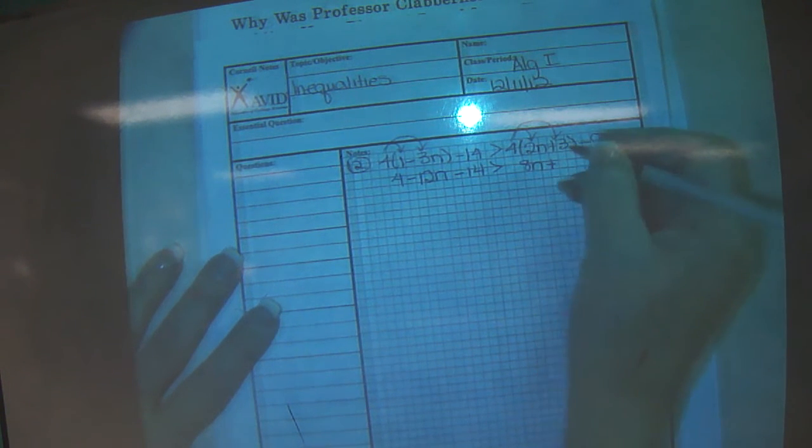So 4 times 1 is 4, minus 4 times 3n is 12n, minus 14 is greater than, again, just treat it like an equation unless you're on that last step or multiplying or dividing by a negative. 4 times 3 is 12, minus 9n.